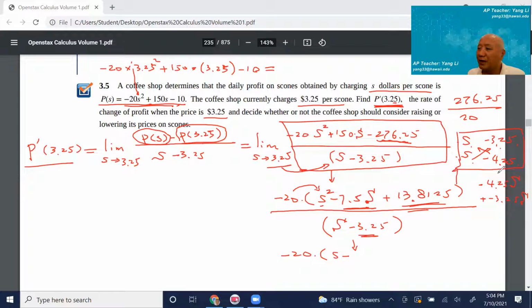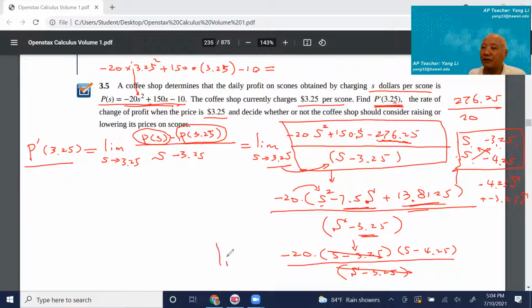If you have this good pattern, you can put it here as s minus 3.25 and s minus 4.25. And then we divide it by s minus 3.25. We cancel. And then don't forget you have the limit as s approaches 3.25.